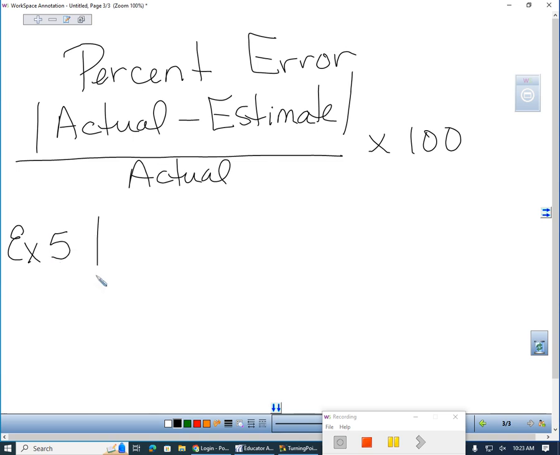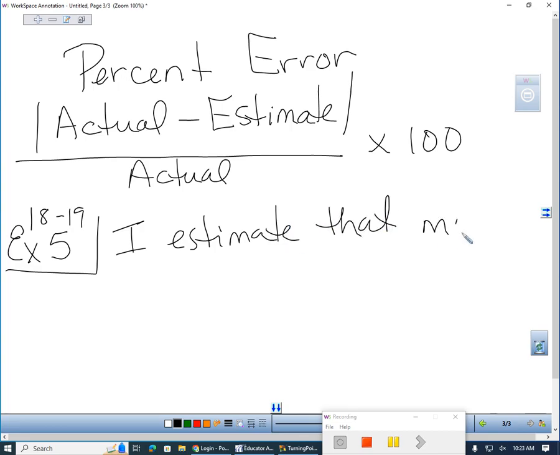Okay. Here is example number 5. This is going to cover your 18 and 19. Let's say I estimate that my friend is 53 inches tall.